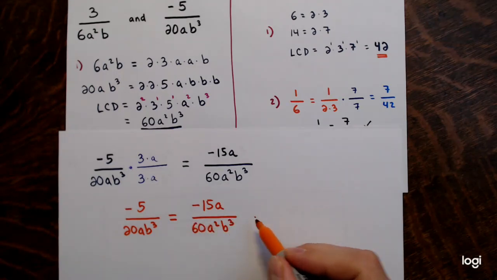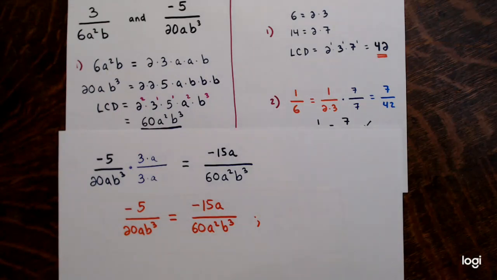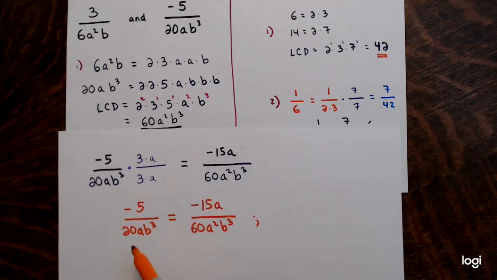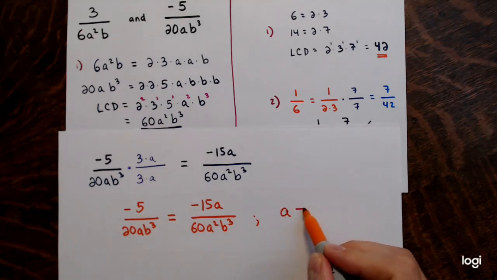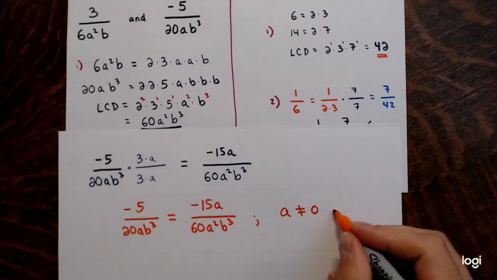All right. Again, off to the side, whenever there are variables in denominators, I'm going to put these restrictions. I want to make sure that I never divide by 0, never have 0 in a denominator. And I have the same issue here as I did earlier with the other fraction. I have factors of a in these denominators, so a cannot be replaced by the number 0.